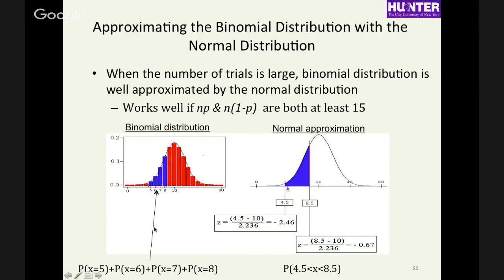So if you wanted, for 20 trials with a probability of success of 0.5, the probability of observing a 5, 6, 7, or 8, using the binomial distribution, you would just calculate those 4 things and add them. If we're using the normal approximation, you would get your z-scores for 4.5 and 8.5 and calculate the area between those two values on your normal distribution after converting them to z-scores.